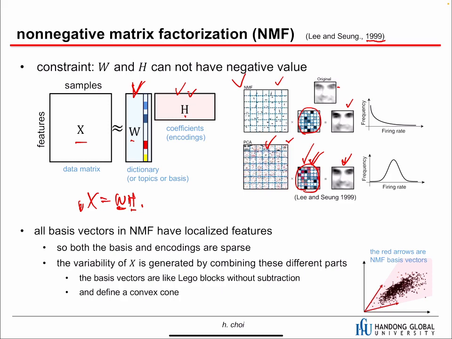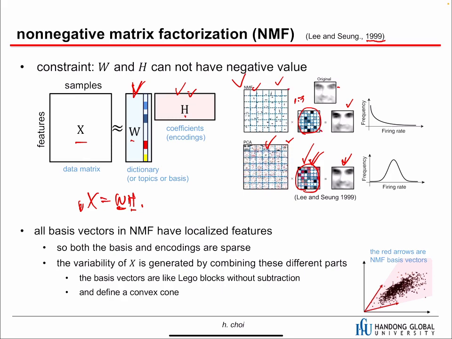Once you add this basis vector with some number like 0.3, then we cannot eliminate that component from the whole image. So all the basis vectors should be sparse. Okay, so they are not overlapping with each other. So basically in NMF, all the basis vectors are sparse and the coefficients are sparse, so it is kind of sparse coding.